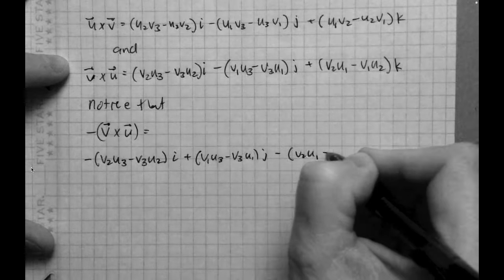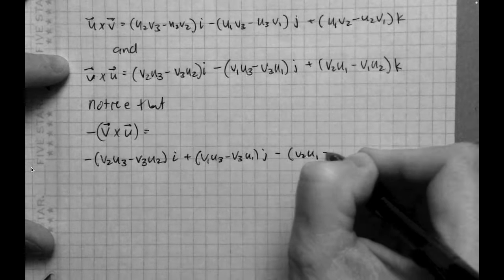Now, can we see that? Well, yes, easily. We can just do a little bit of a rearrangement. So u2 v3, if I multiply the negative through, I get u2 v3 minus v2 u3. I'm changing the order here, right? So when I multiply the negative through, this becomes positive, and I'm just putting it up front, and this becomes negative, and I'm putting it in the back.